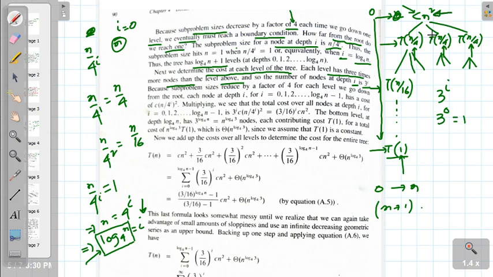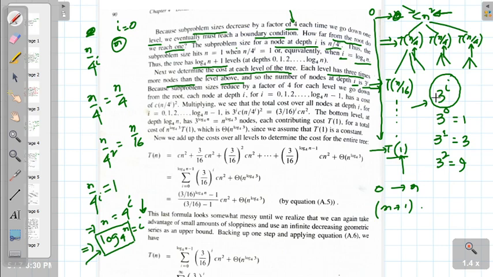If i is 1, we have 3 nodes, and 3 power 2 is 9. So at any level i, we will have 3 power i nodes.